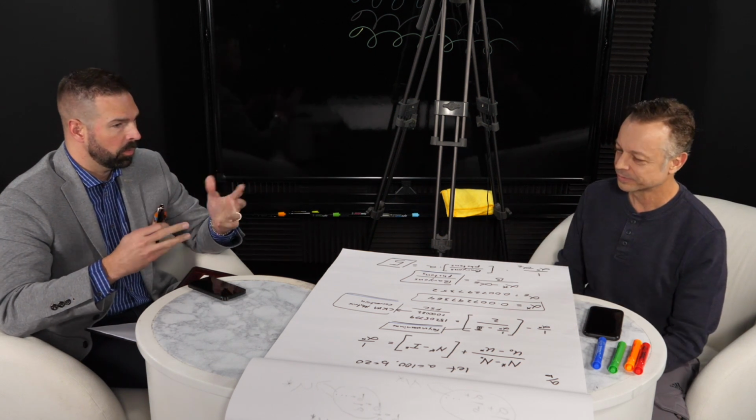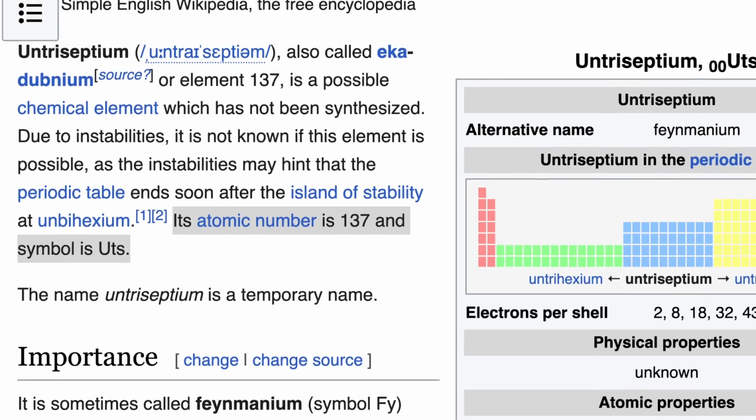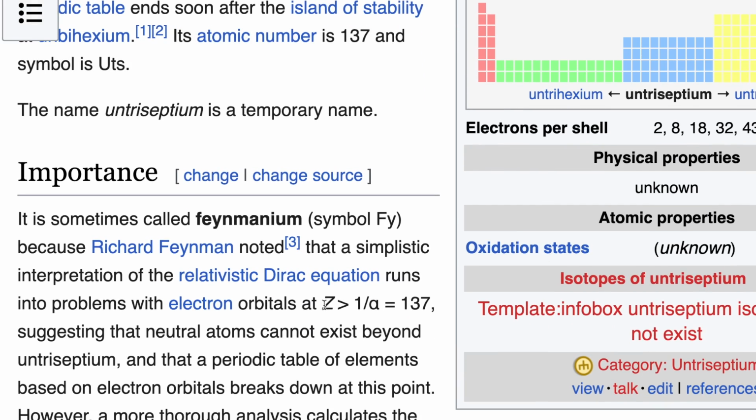Sure. Well, number one would be just what you referenced, the theoretical or hypothetical limit to the number of elements in the periodic chart.